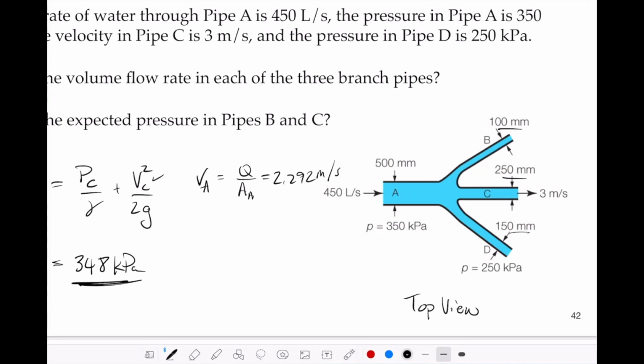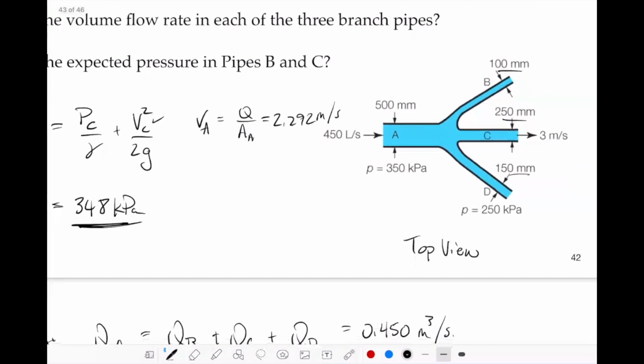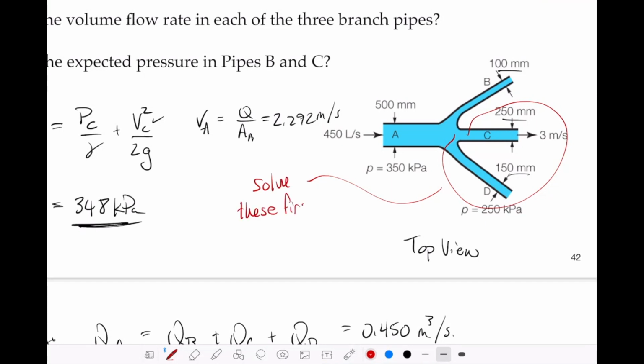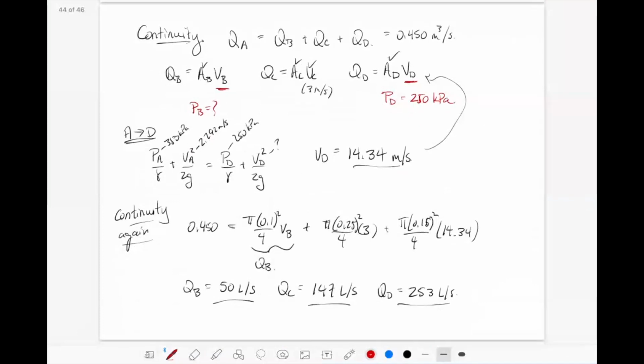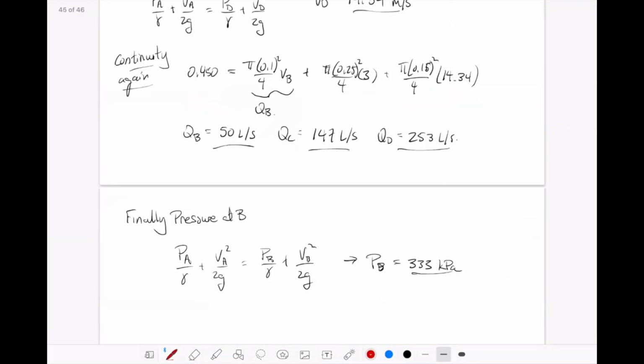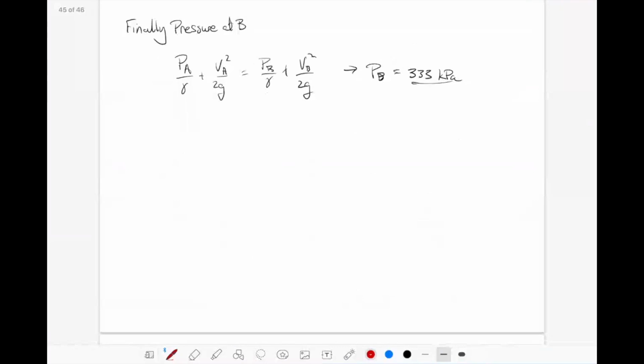So solve the sections of pipe where you have one unknown first, and then use continuity to figure out the section of pipe that you don't know. Let's just put that here: solve these first. Yeah, the answer is 333 kPa.